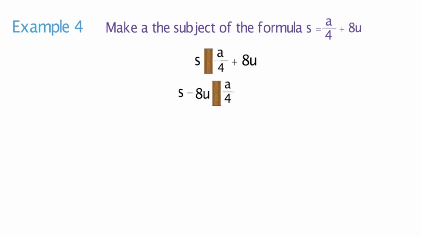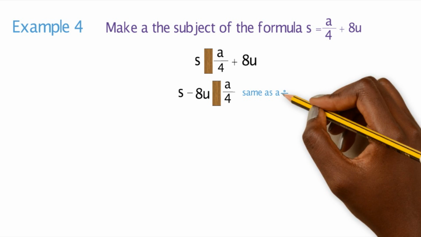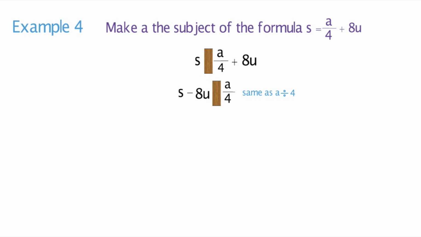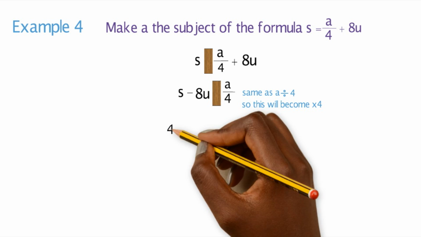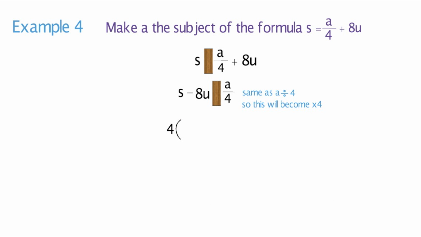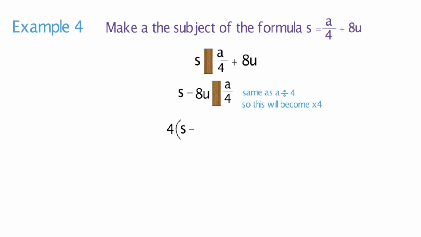Now, with your a over 4, remember if you've got something in a fraction format, it's the same as dividing. So it's the same as saying a divided by 4. So if it's divided by 4 on one side, if you move it over your fence, it becomes times by 4. And remember, to symbolize multiplication of an equation, we always put a bracket to make it look neater.